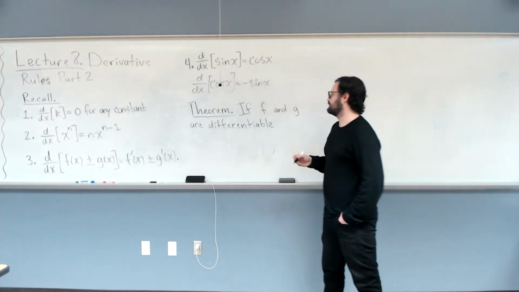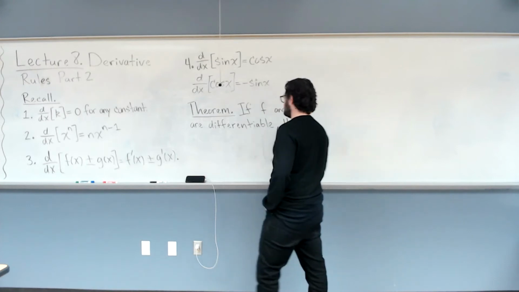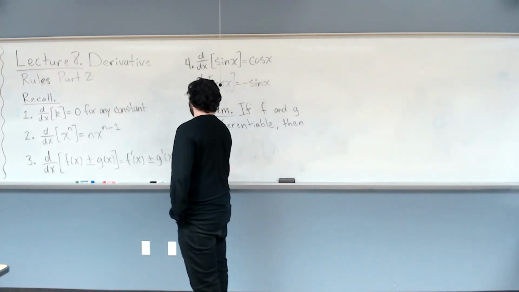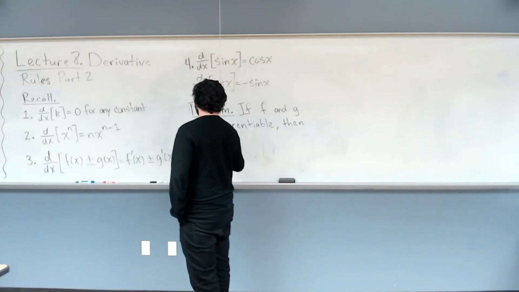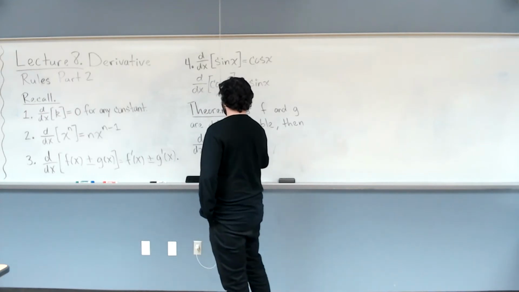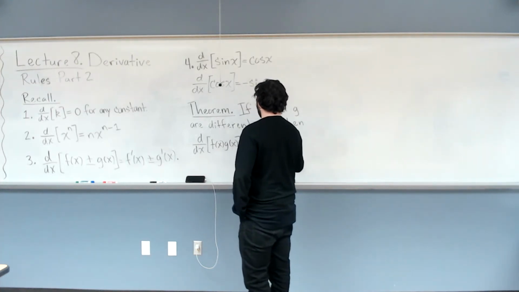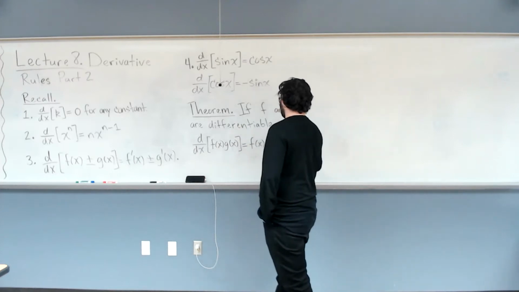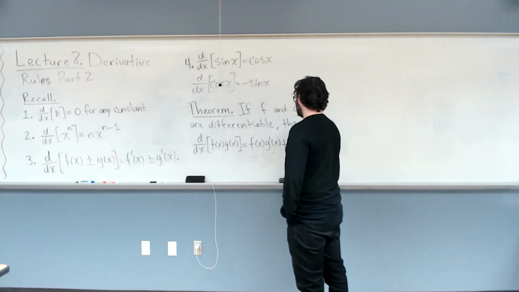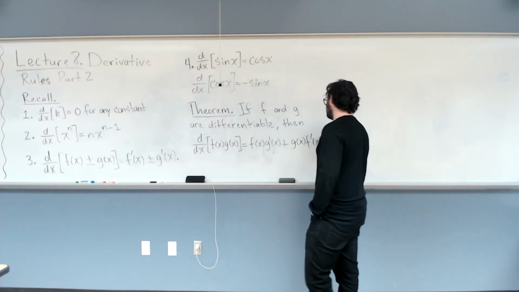So if f and g are differentiable, then the derivative with respect to x of f of x times g of x is equal to f of x times g prime of x plus g of x times f prime of x.